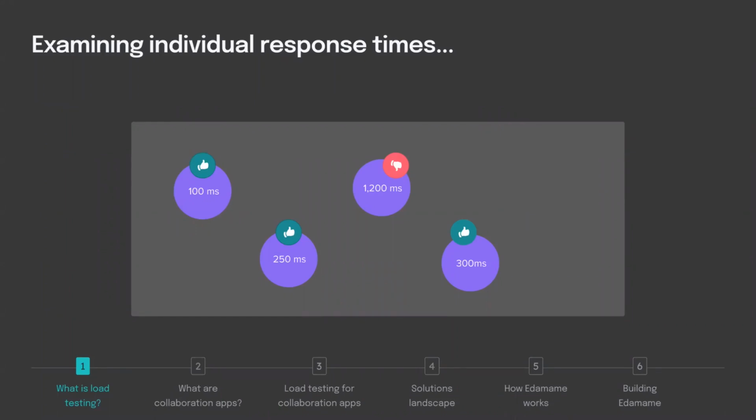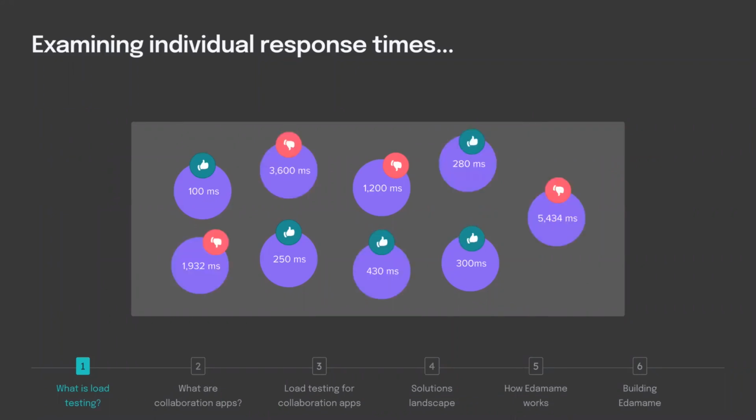Because here we have only 4 data points, so maybe we can see pretty clearly that there are 3 acceptable HTTP response times. But as soon as the magnitude of the virtual users being simulated increases, there are a lot more data points that are going to come in, and trying to create any meaningful conclusions looking at all these granular data points can be pretty difficult.